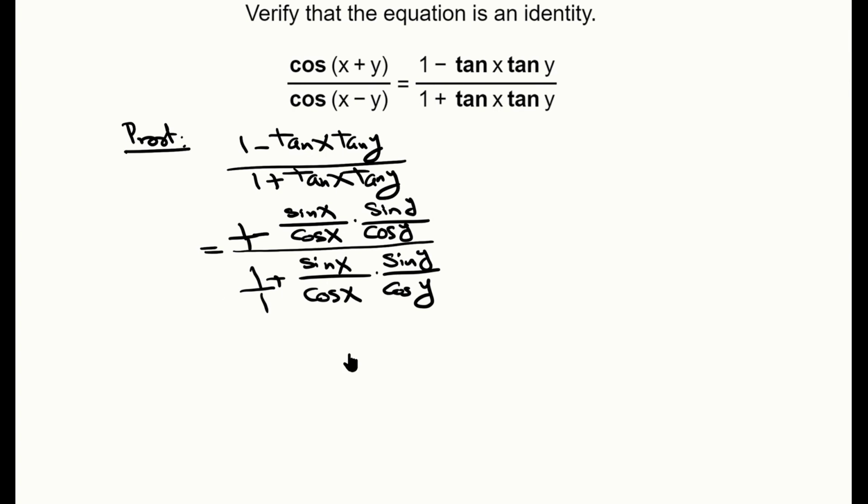And the same downstairs. So what we'll do now is multiply the top and bottom of this complex fraction by cosine x cosine y. And remember, that's going to get distributed, so you'll have it once there, once here, once over here next to the other one, and then once here.